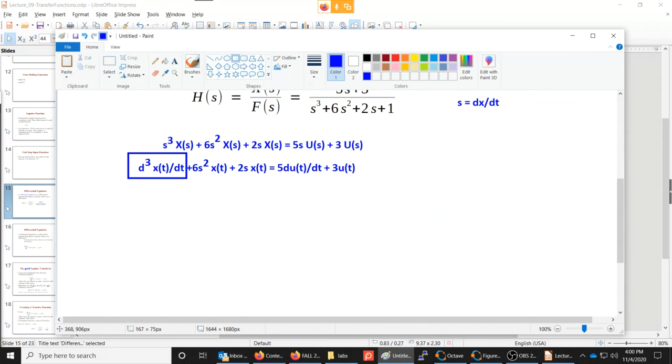This is our high order derivative. Again, it's like the change in acceleration because it's a third order system. And so we're just going to rewrite this. Let me actually just copy them, I guess. All right.